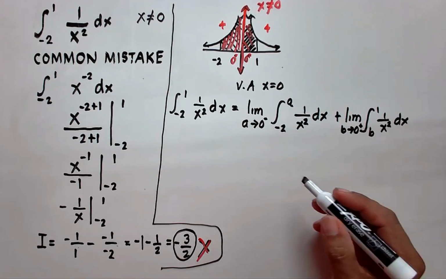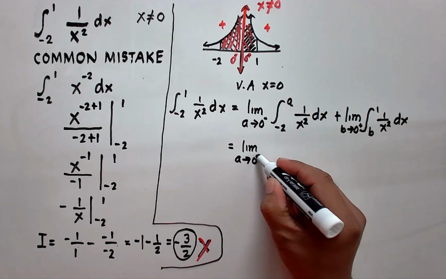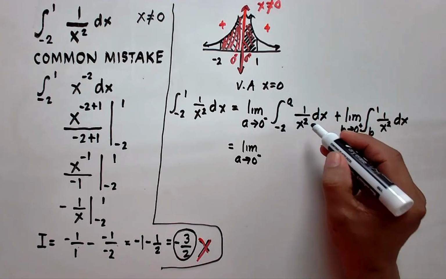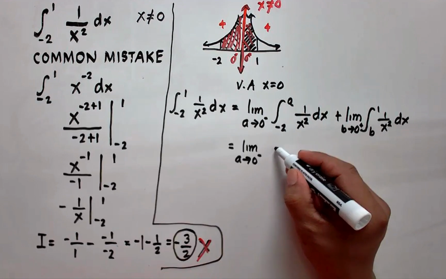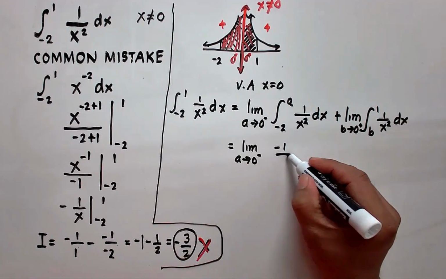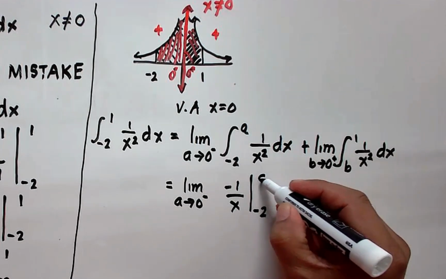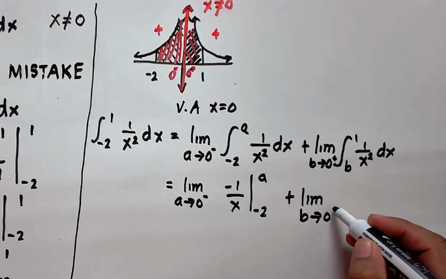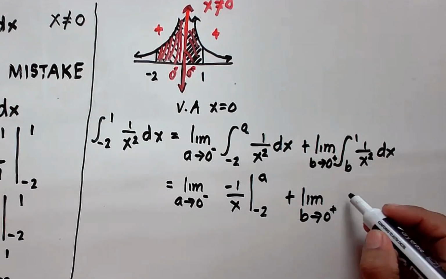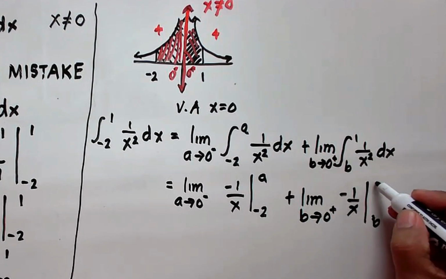So, simplifying this, we now have the limit as a approaches 0 from the left. Then let's evaluate this definite integral. We know it is -1 over x, so this is equal to -1 over x, x is from -2 to a, plus the limit as b approaches 0 from the right of the same function, -1 over x, x is from b up to +1.